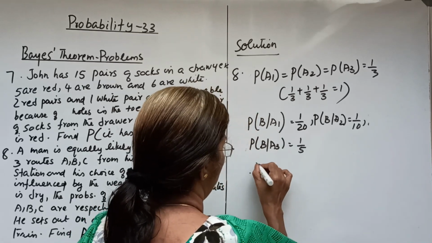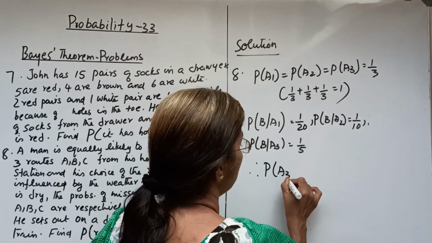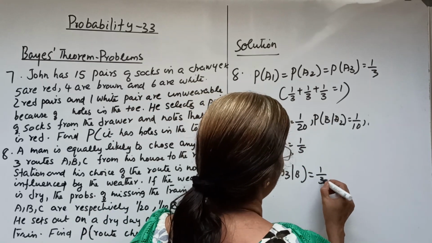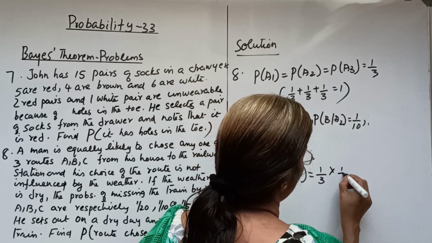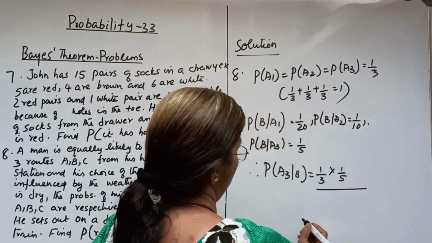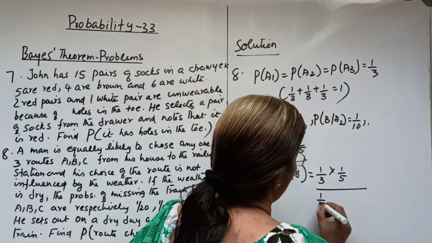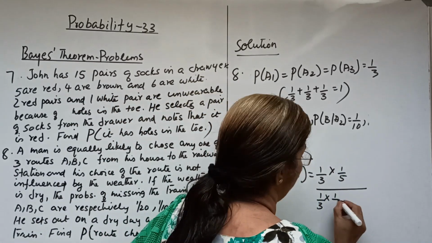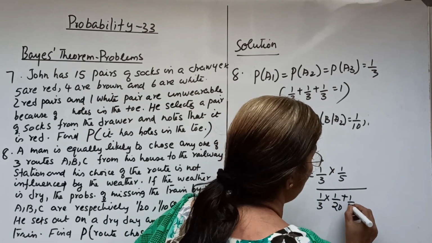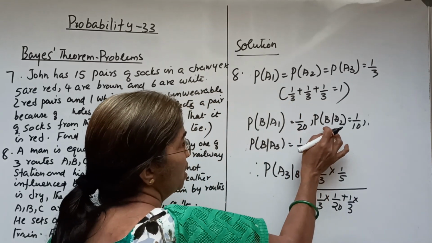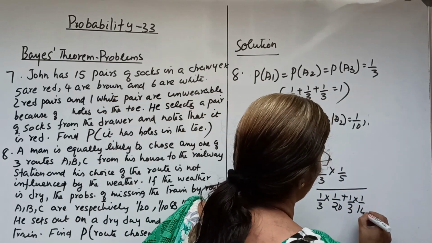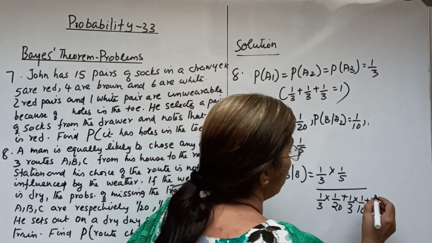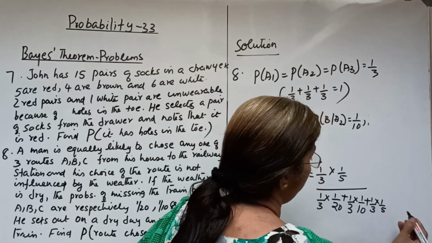Therefore, P of A3 given B equal to P of A3, which is 1 by 3, into P of B given A3, which is 1 by 5, divided by P of A1 1 by 3 into P of B given A1 1 by 20, plus P of A2 again 1 by 3 into P of B given A2 1 by 10, plus P of A3 1 by 3 into P of B given A3 1 by 5.